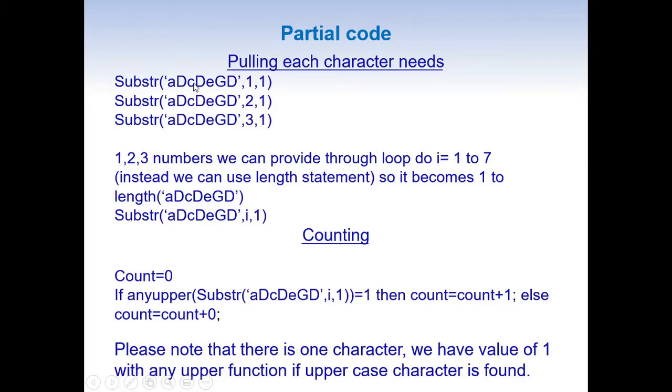What this does is it starts at position 1 and ends at one position, and it pulls the letter A. For the second letter, I need to start at 2, so I have given 2 here, and as I want to pull only a length of 1, I can say 2 comma 1.